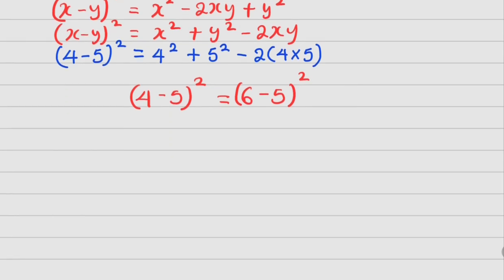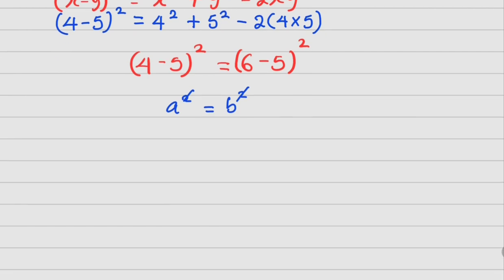Okay, good. Now, we know that if a squared is equal to b squared, this square can cancel this square. So now I have 4 minus 5 equal to 6 minus 5. Do you know why? Because the squares cancel themselves.